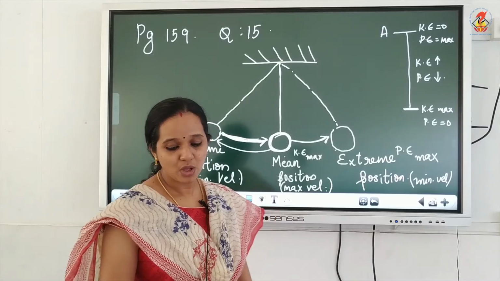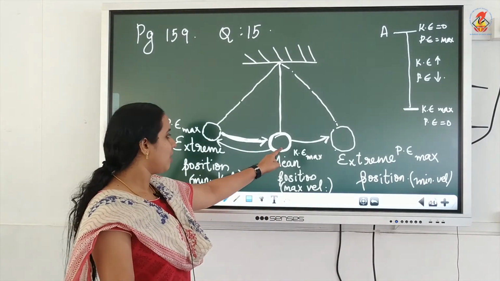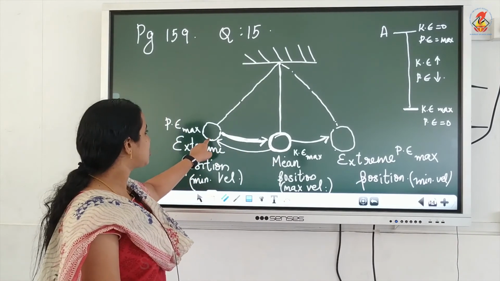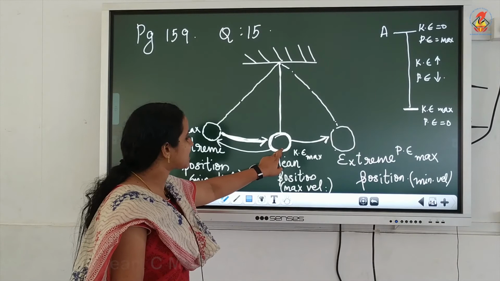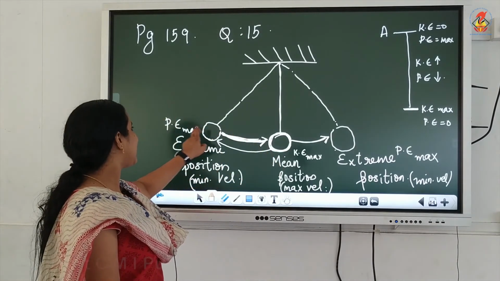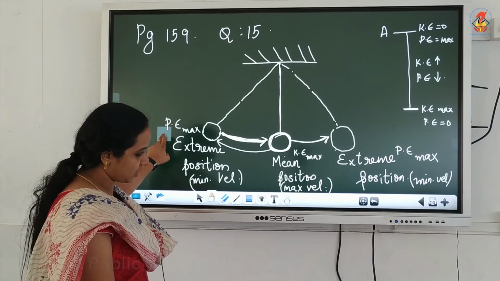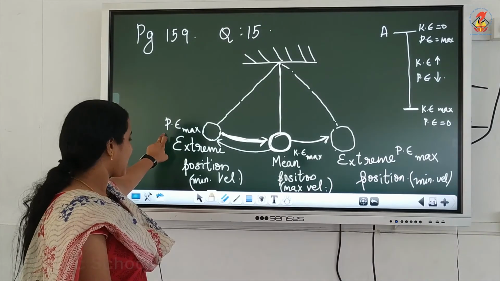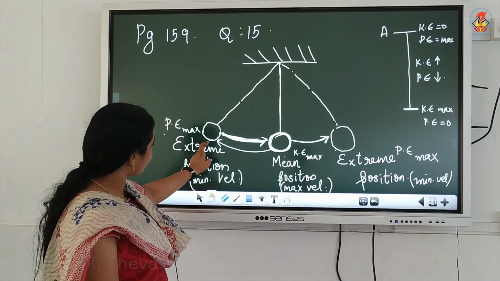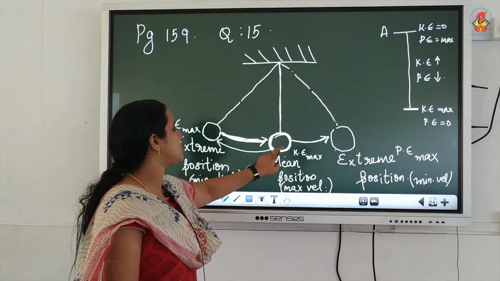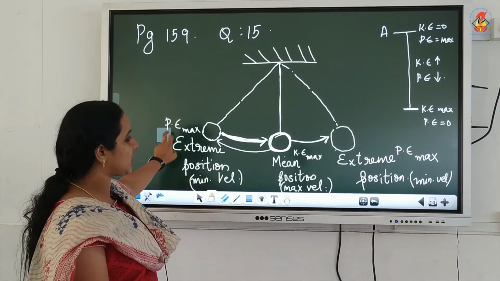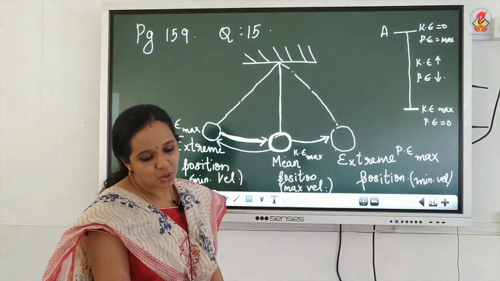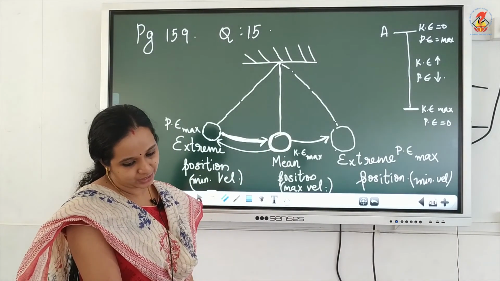Now, when the pendulum moves from mean position to extreme position, the maximum kinetic energy gets converted into potential energy. And when the pendulum moves from extreme position to mean position, the potential energy gets converted into kinetic energy.